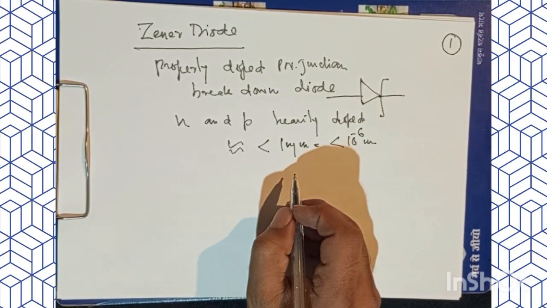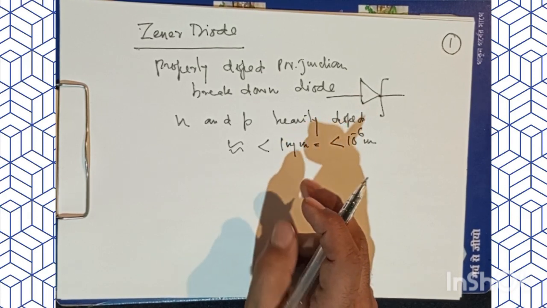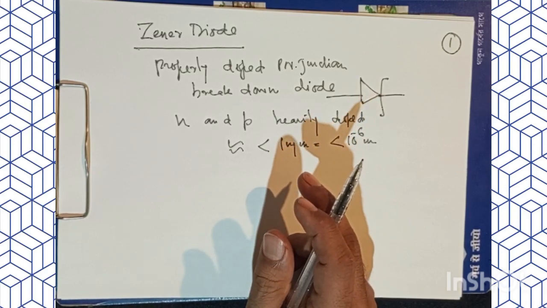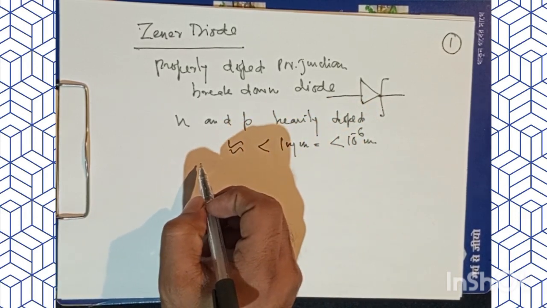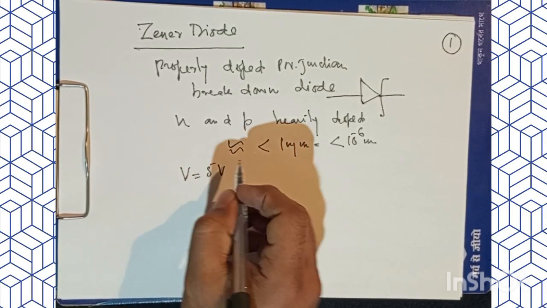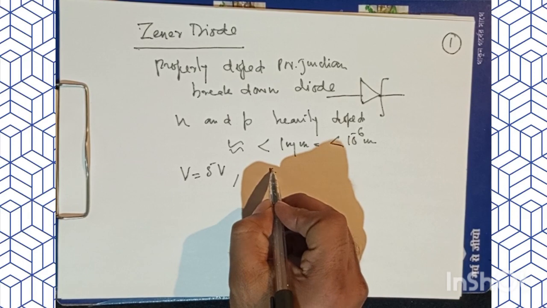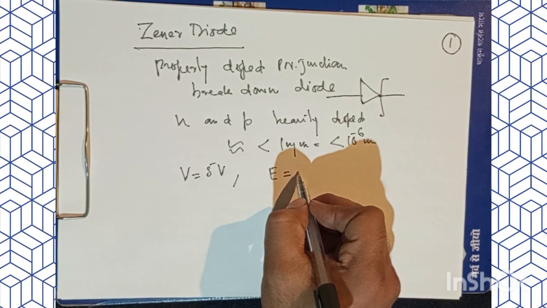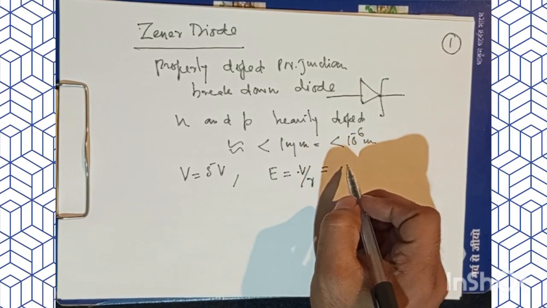Now, a very strong electric field is set up across the junction. For instance, let's take an example. If a reverse voltage of 5 volts is applied across a junction, then the estimated electric field at the junction will be V by d.